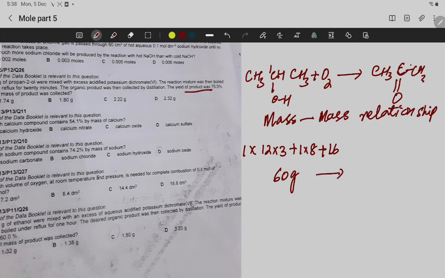For the ketone, 12 into 3 is 36, plus 6 hydrogen, plus oxygen 16. 36 plus 6 plus 16 is equal to 58. So 60 gram produces 58 gram.